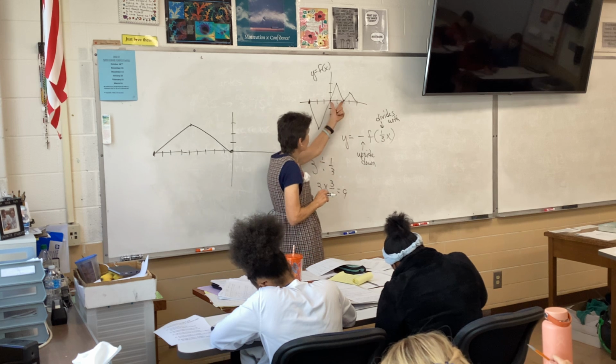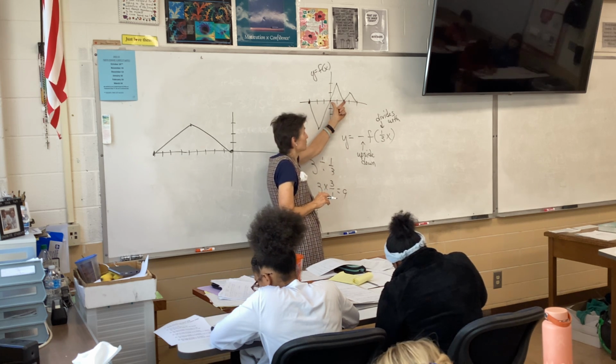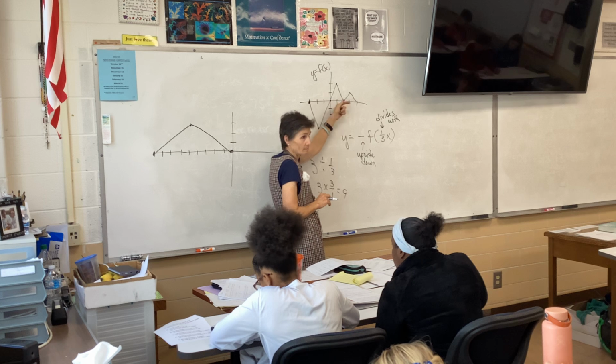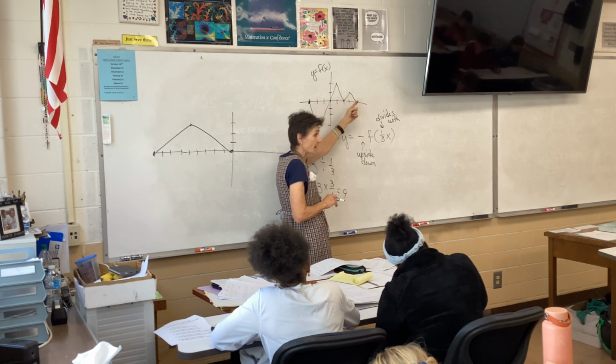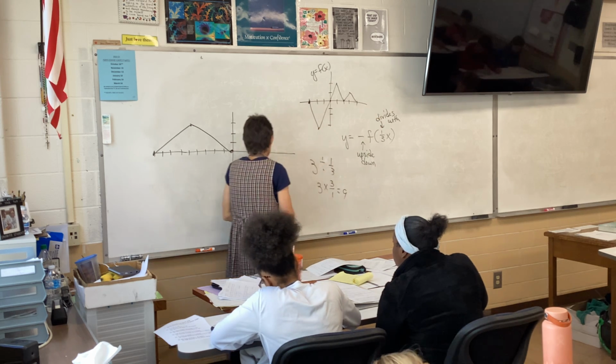Now, what about this triangle? Well, it's going to be going down, and instead of being 2 across, it is now going to be 6 across.